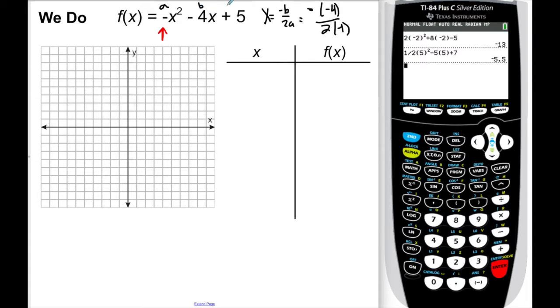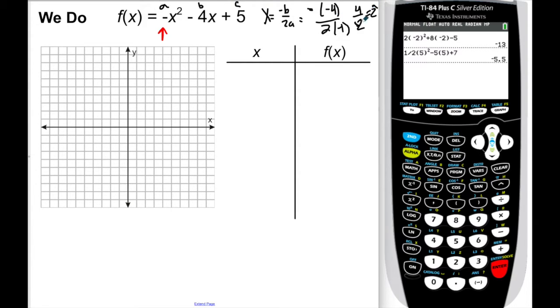A, b, c. So we have 4 over 2, which is going to be 2. Now see, it's going to make sense because actually this is negative 2. So you should get negative 2.